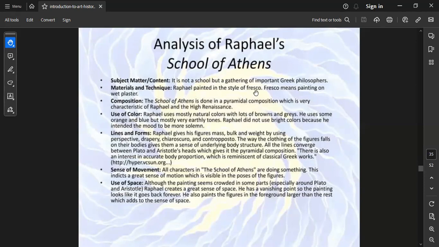So has anyone any idea what a fresco is? What is the difference between a normal painting and a fresco? Any idea? Painting on wet plaster.